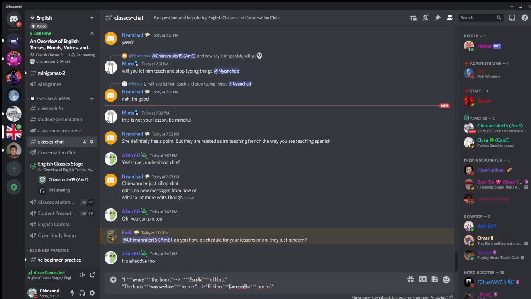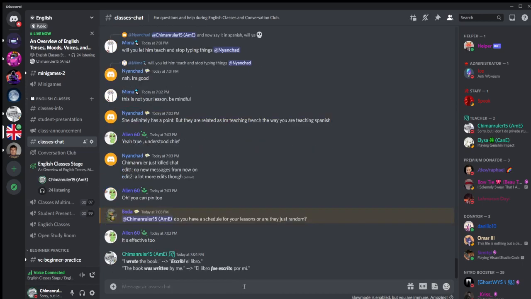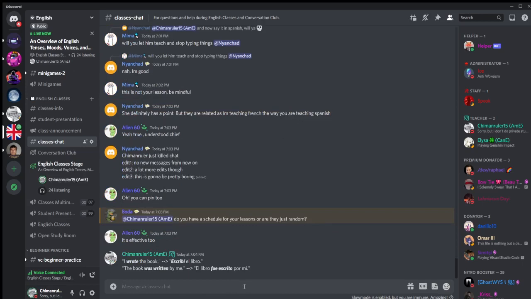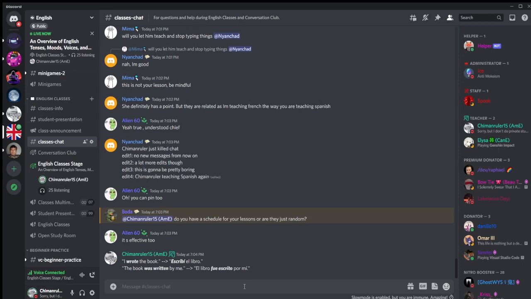Okay, so to show how this works in Spanish, and the only reason I even bring up Spanish is because I want to help Spanish speakers make connections with learning English so that they could understand English better. So in English you would say, I wrote the book. In Spanish, escribí el libro. But if you want to turn it into passive voice, in English you would say, the book was written by me.